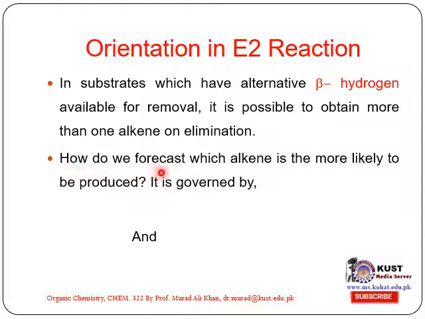Now, how will we decide which alkene is more likely to be produced? It is governed by rules, the Zaitsev rule and the Hofmann rule. When we apply these rules, we can forecast which alkene will be abundant, or in more quantity.